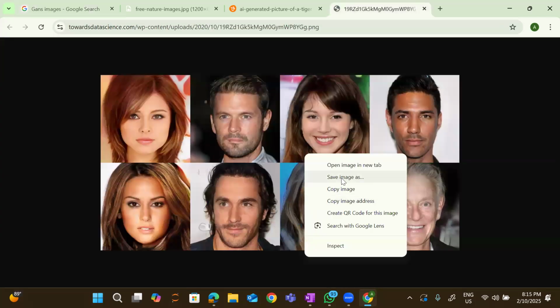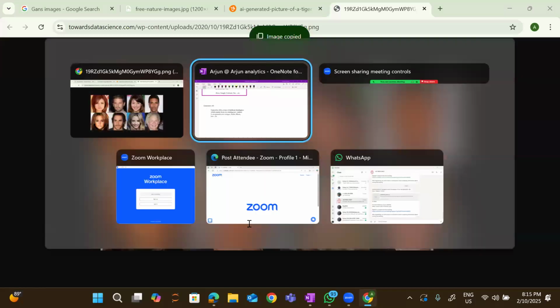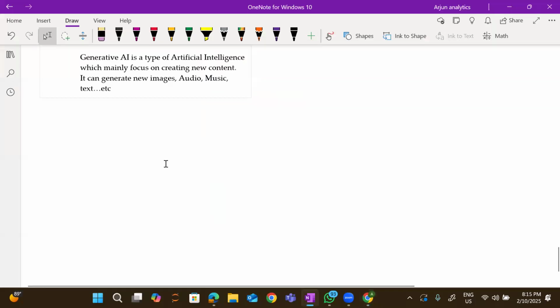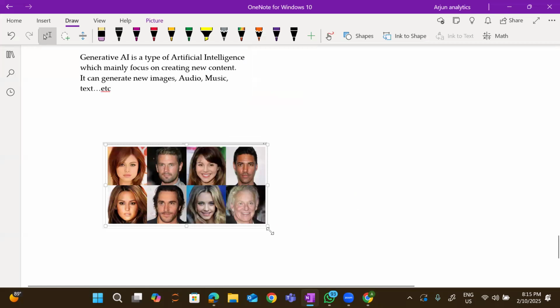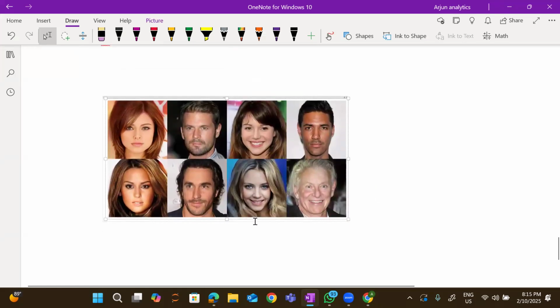This one I'm copying and putting over here. Yeah, this is how. Now you may be surprised why I'm showing this. What is so special about this?